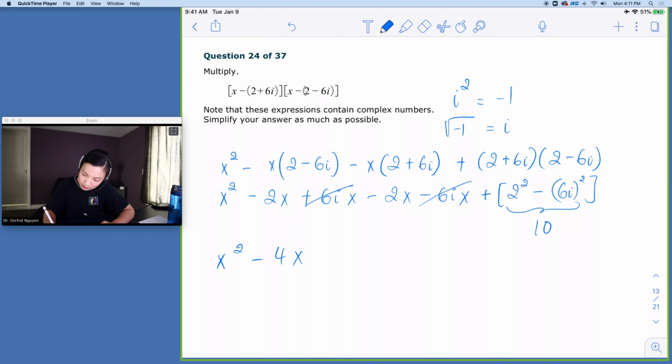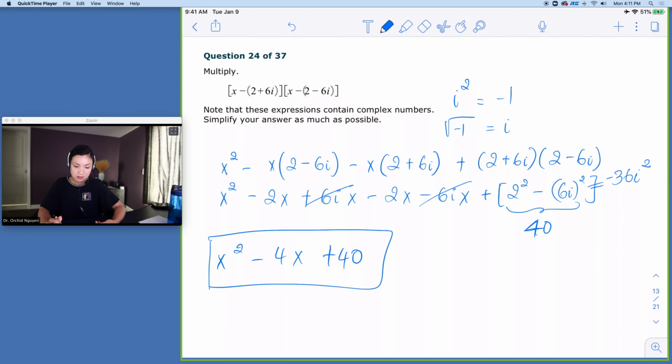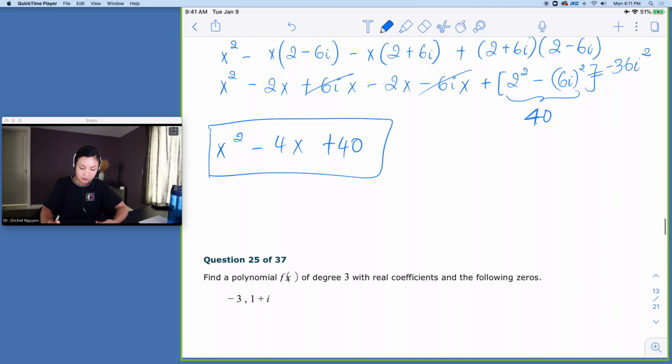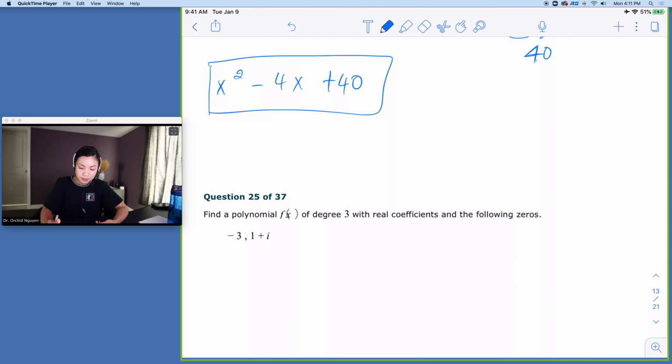I'm sorry. So this one should be 40. Okay. Let me put it right here. So 36i squared, which is turned into a positive 36, plus 4 is 40. So that's going to be the final answer. Okay. All right, so for number 25.